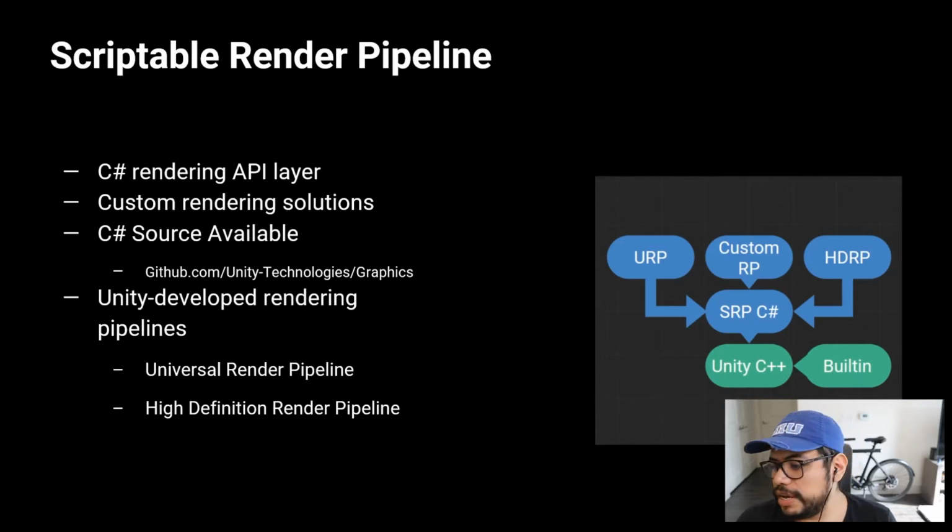Anything that's 3D needs to be turned into a 2D image, and this is what the rendering pipeline is. Basically in Unity, we had a fixed pipeline, which means we would have a fluid 3D image that couldn't be changed.